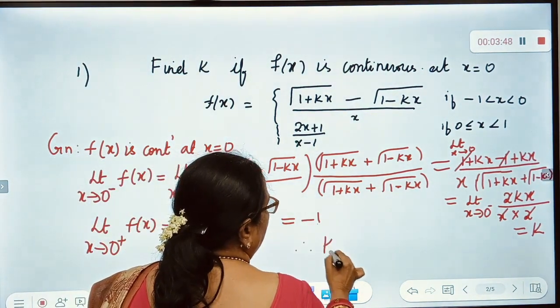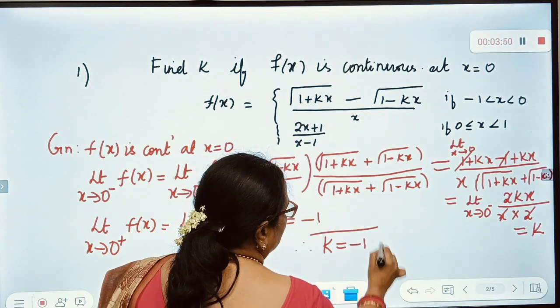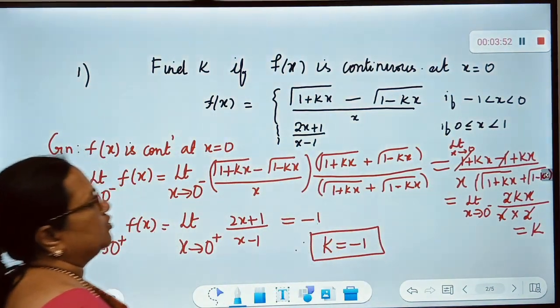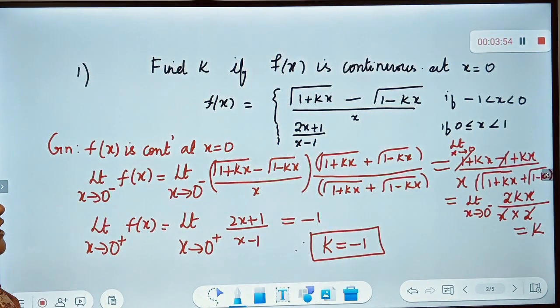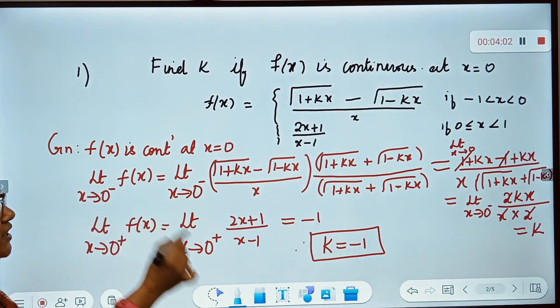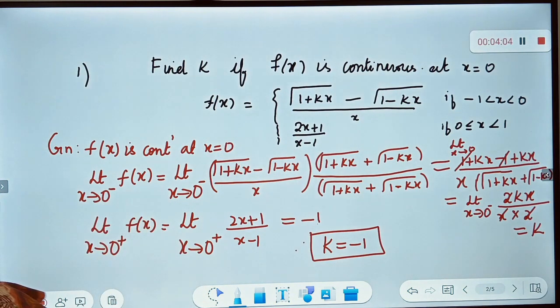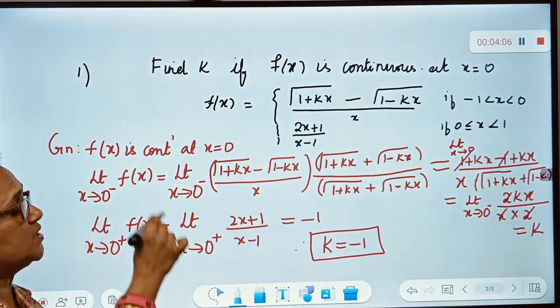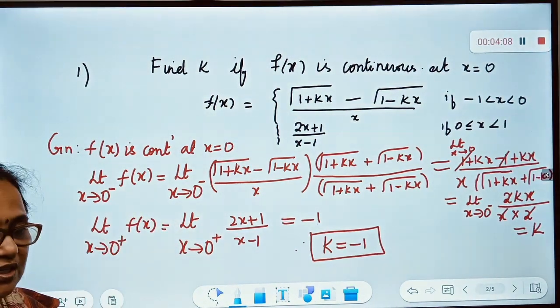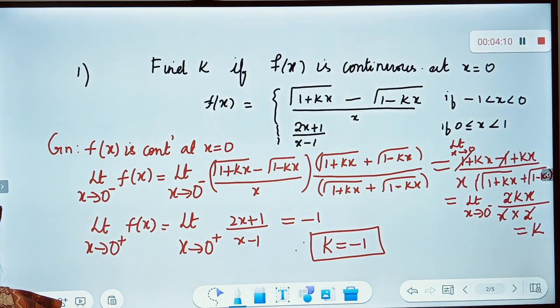Therefore, k equal to minus 1. If f is continuous at x equal to 0, the value of k must be equal to minus 1. Is it clear? Since the function is continuous, we have equated the left hand limit with the right hand limit and solved for k. The function is continuous at x equal to 0 is what is given and we have to determine the value of k.